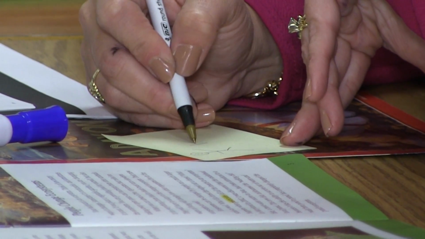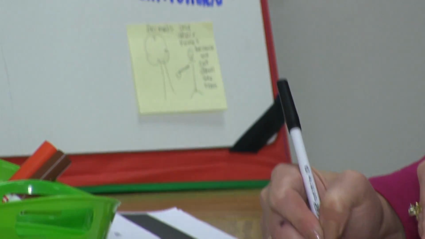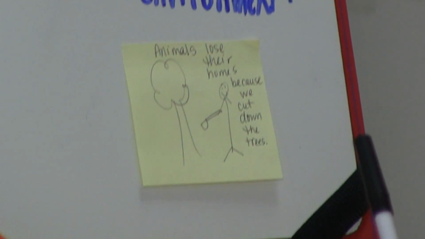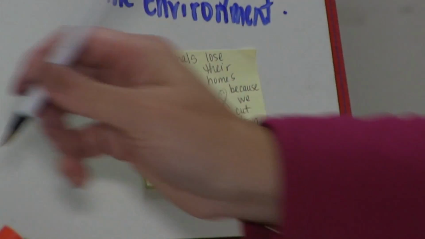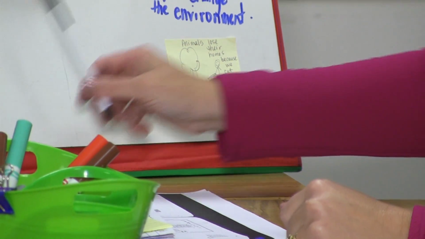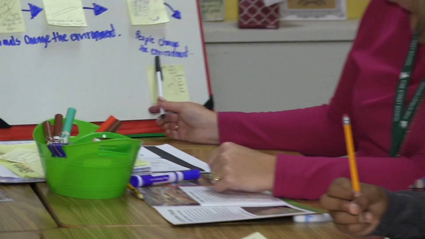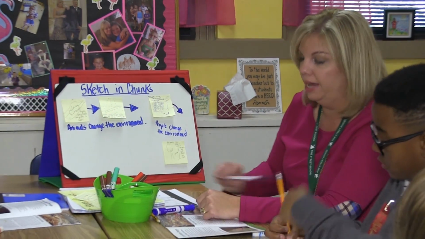I guess what I should ask you is, how did the fish actually get there? Because if we were just talking about the fish, it would go under animals change the environment. But show me how people changing the environment ties into this fish.